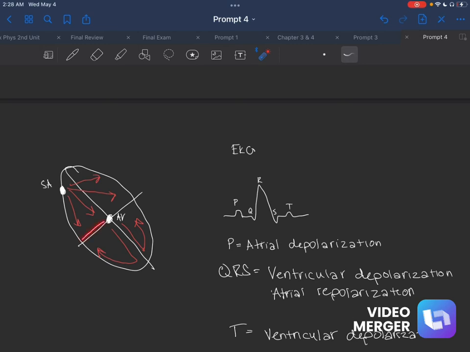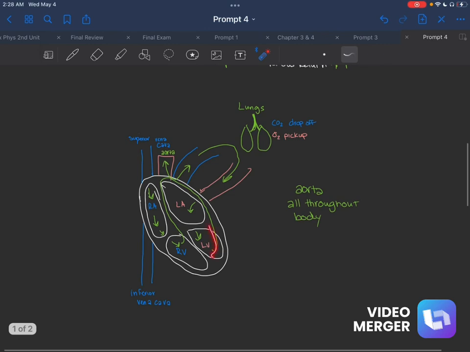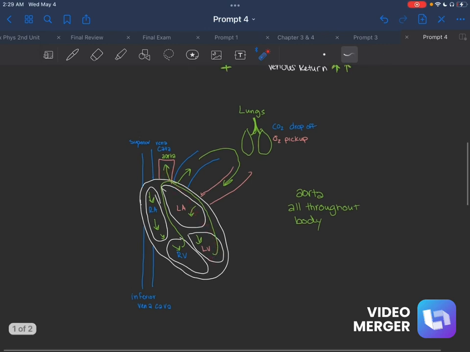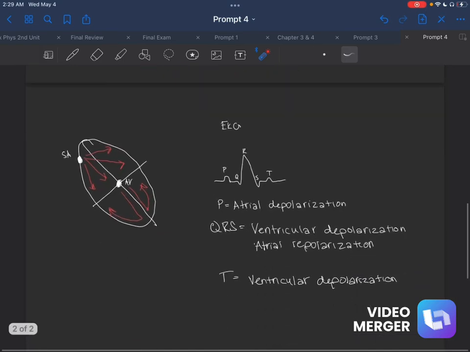It's going to reach this layer of inert cells, and that's when it's detected by the AV node. So the AV node is going to then depolarize. It's going to go down the bundle branches and up the Purkinje fibers, almost in a uniform direction because it needs to squeeze up. See how we go up and up to the aorta to deliver throughout the body.